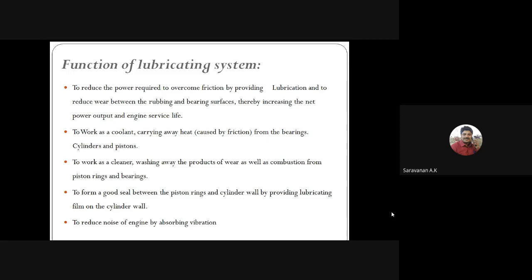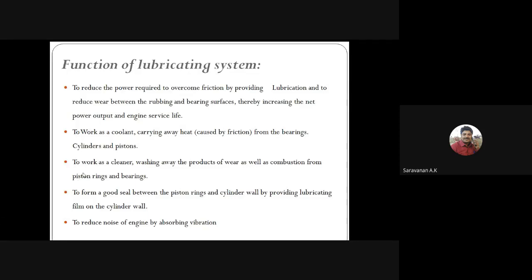And the lubricants act as coolants. The heat generated due to the frictional force may be dissipated by the lubricating system.